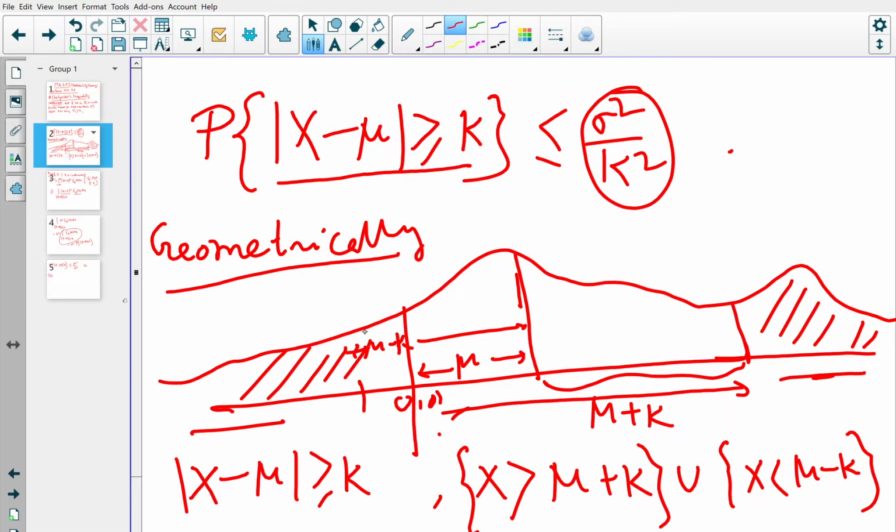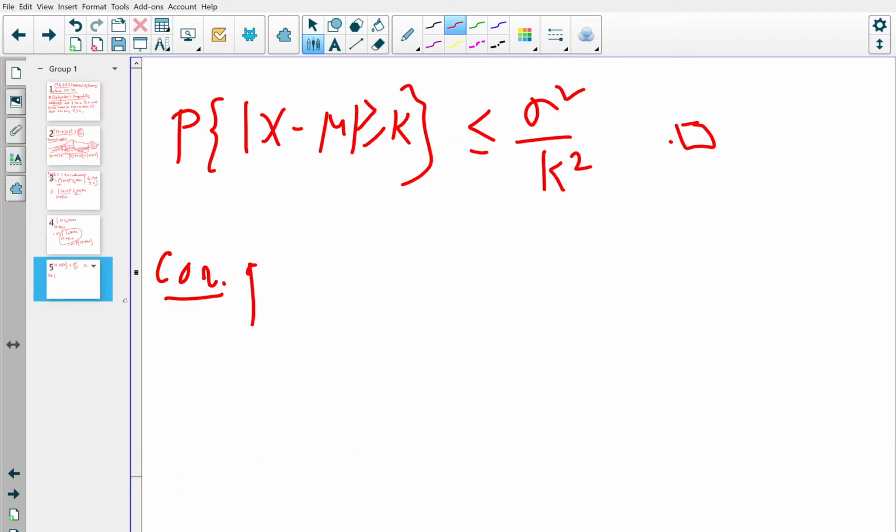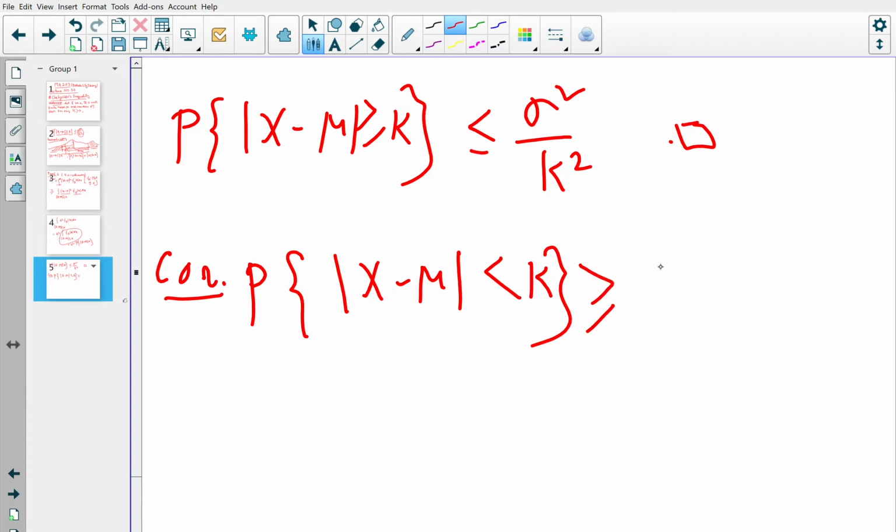So the probability that mod of x minus mu is less than k, this is the complementary event, and this probability will be at least 1 minus sigma square by k square. Clear?